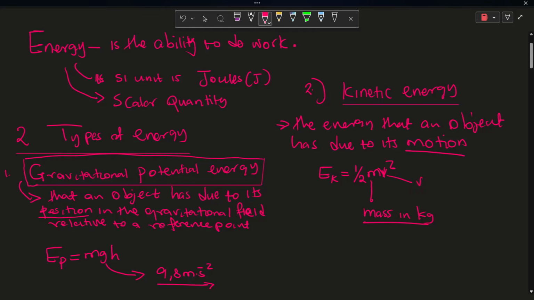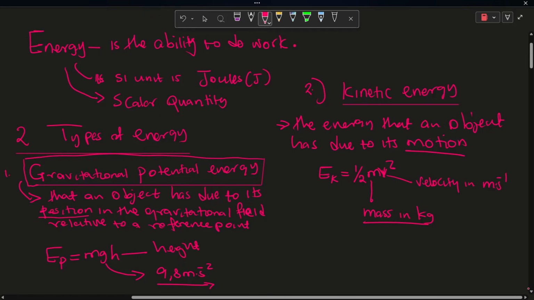And then V is velocity in meter per second. And then H is height, I mean, on the potential energy, height in meters. So meaning that if it's in centimeters, you convert it to meters. If it's in gram, you convert it to kg. Those are the things that you need to do, grade 10 learners.